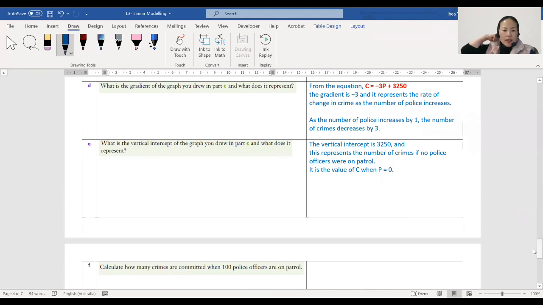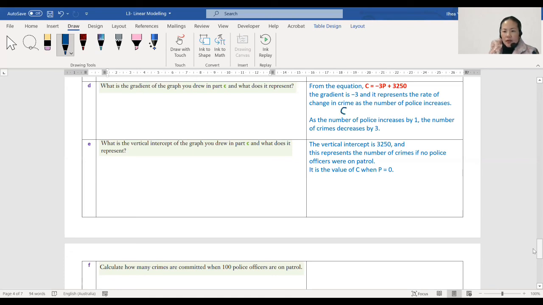What is the gradient of the graph you drew in part C, and what does it represent? From the equation, C equals minus 3P plus 3,250, the gradient is minus 3, okay? And it represents the rate of change in crime, which is C here.